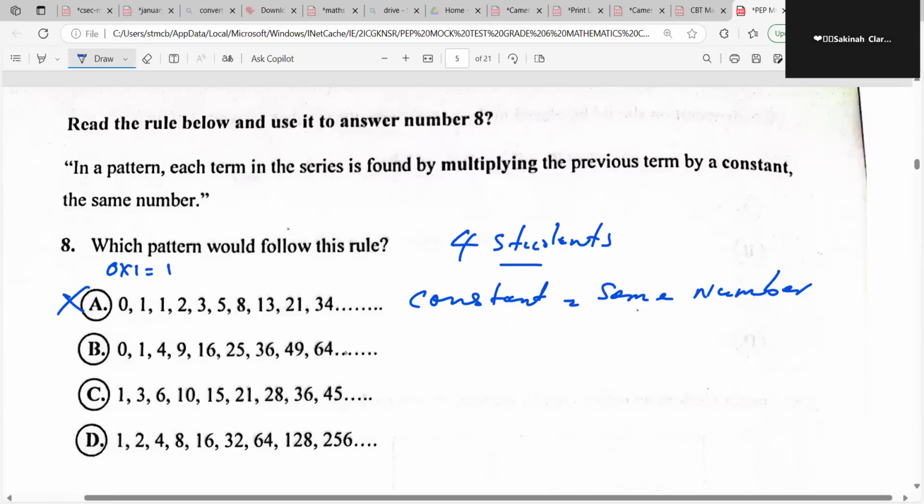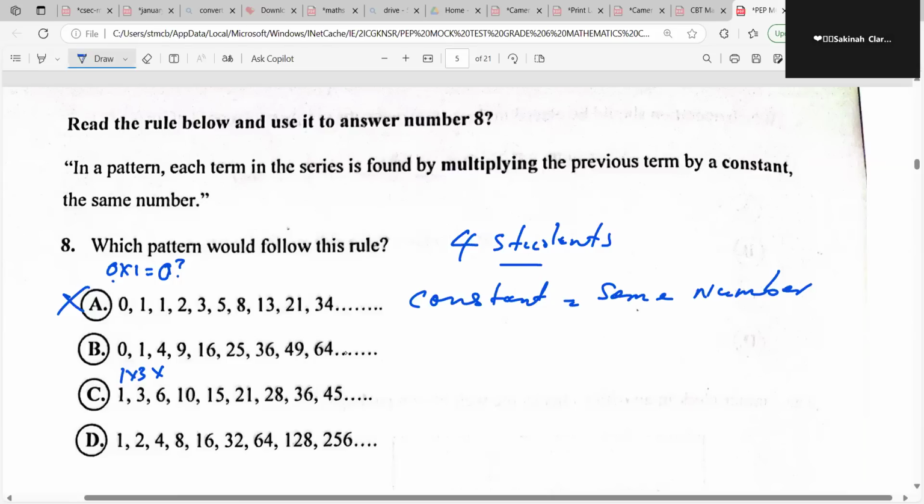B cannot be it because 0 times any number is 0. For C, I can say 1 times 3 is 3, but 3 times 1 is not 6.